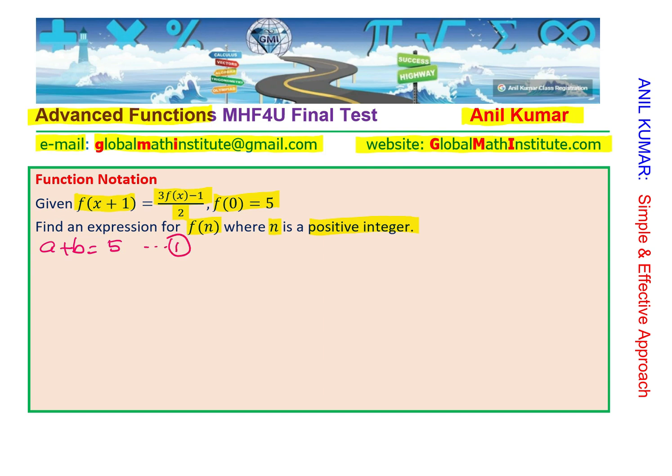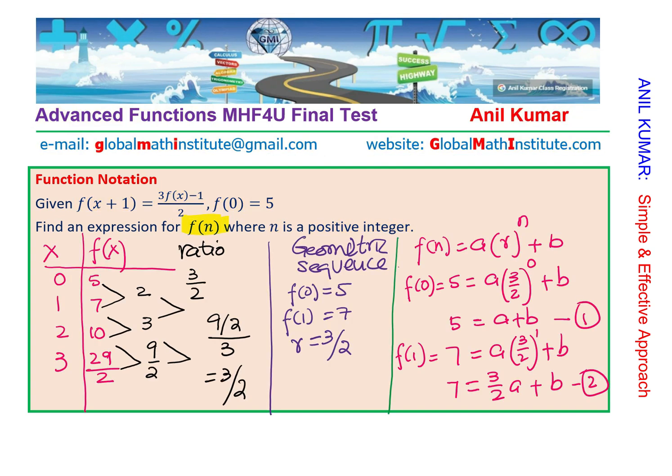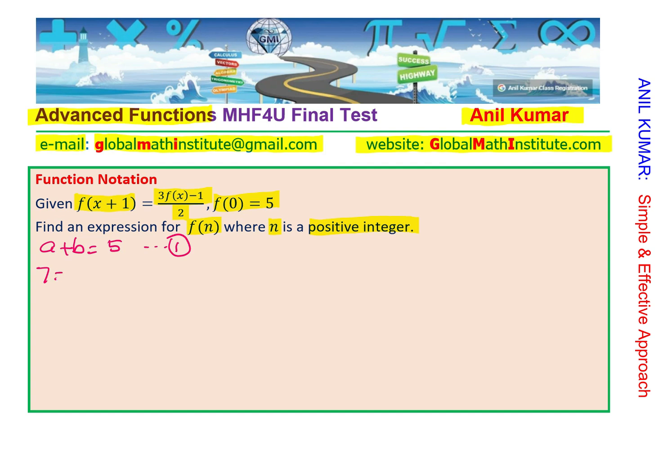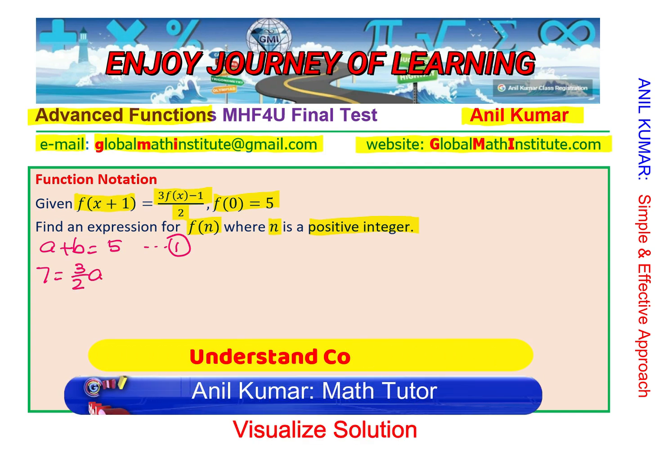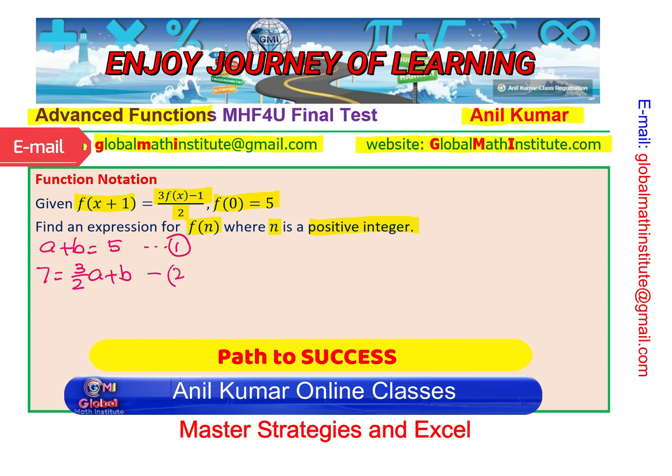And the second equation is 7 equals 3 by 2 a plus b. This is the second equation.